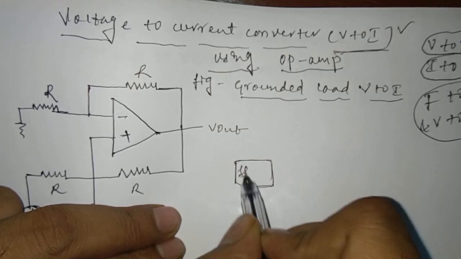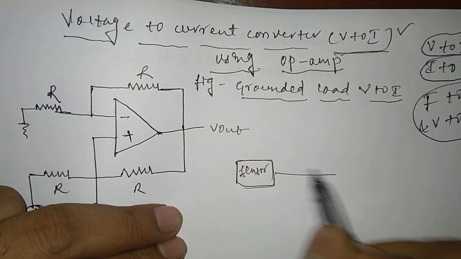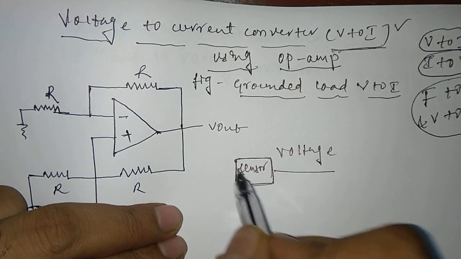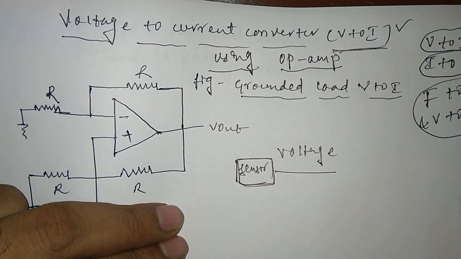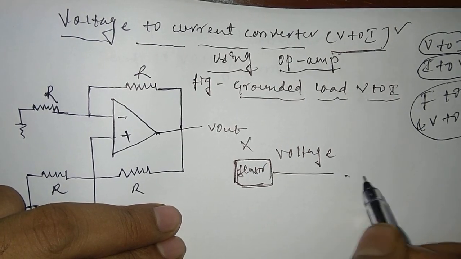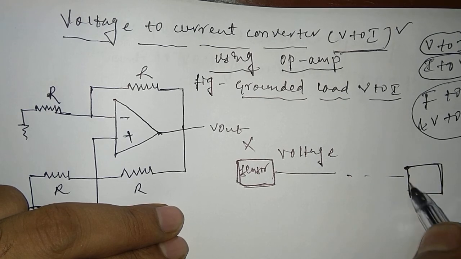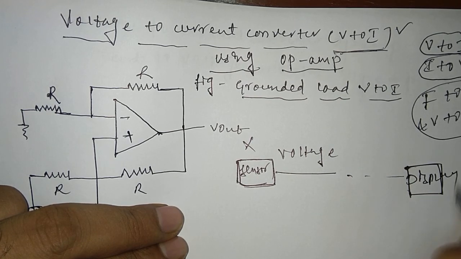It is your sensor whose output is a voltage. The sensor is placed somewhere, say at location X. Now you have to transmit this voltage to the display in the control room, which is located at Y.